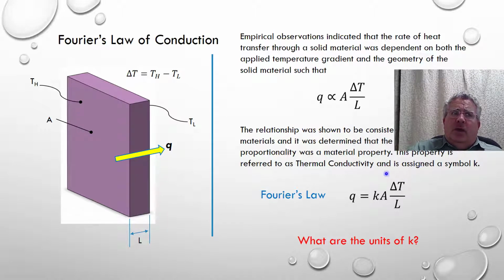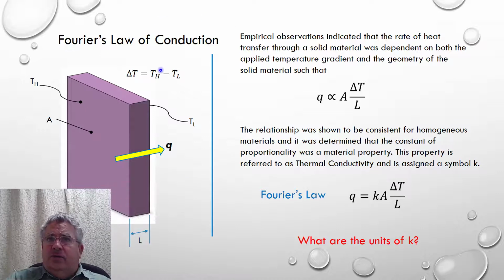So now we've defined what conduction is, and now we have these smart guys from the past. This guy's Fourier, and Fourier came up with the law of conduction. This was done empirically, which means he did experiments, and what he observed was that the heat rate was proportional to the area. So if you double the area, you double the heat rate.